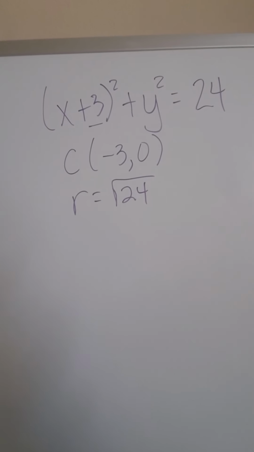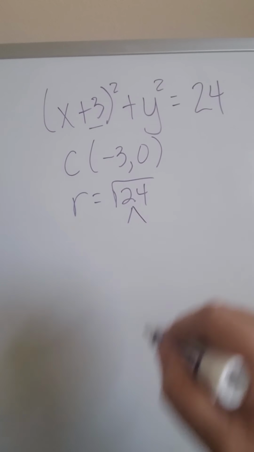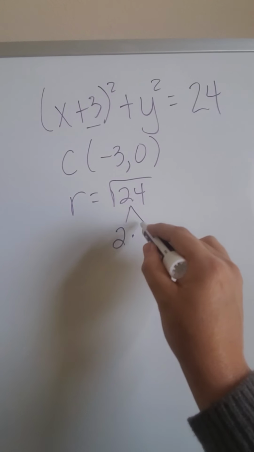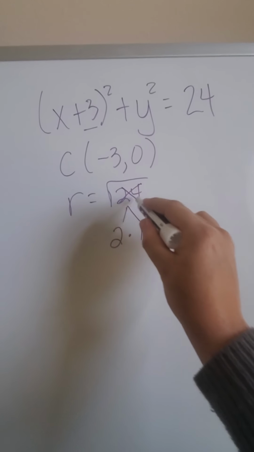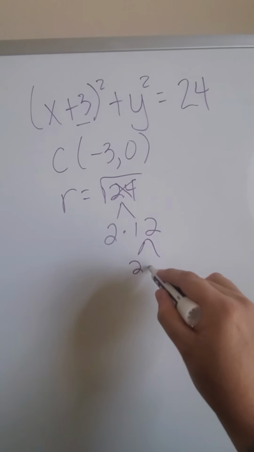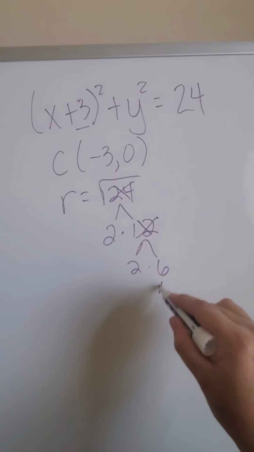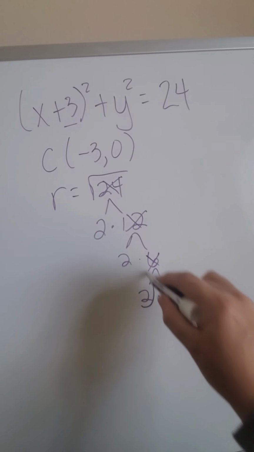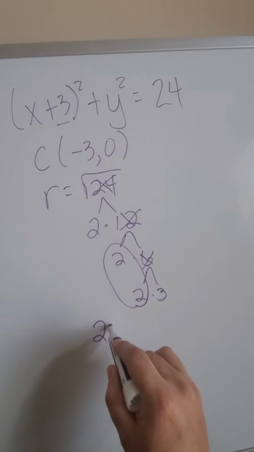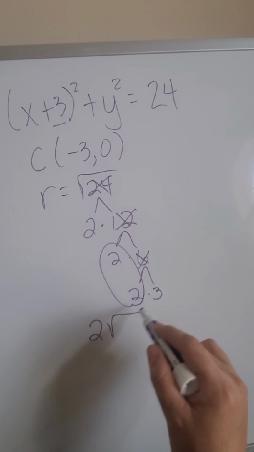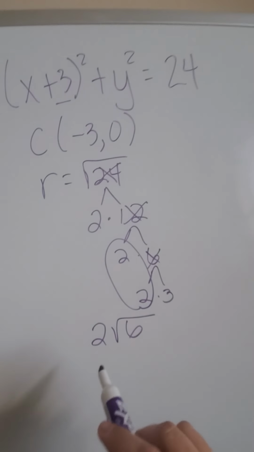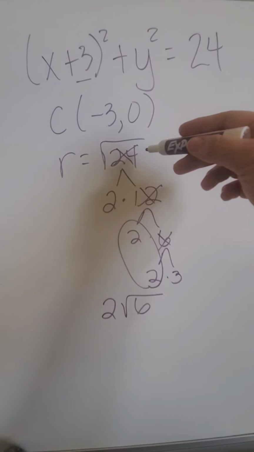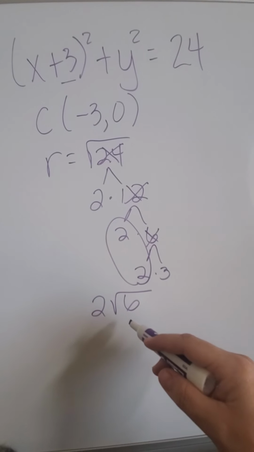Let me refresh you on that. So what'll go into 24? All kinds of stuff, but I start off with 2 and 12. Okay, I broke that down. And 12 is 2 and 6. And 6 is 2 and 3, right? So I've got a pair of 2's, so 2. And I have a 2 and a 3 left over, so square root of 6. So my radius is 2 square root of 6. Either way would work. Either the square root of 24 or 2 square root of 6.